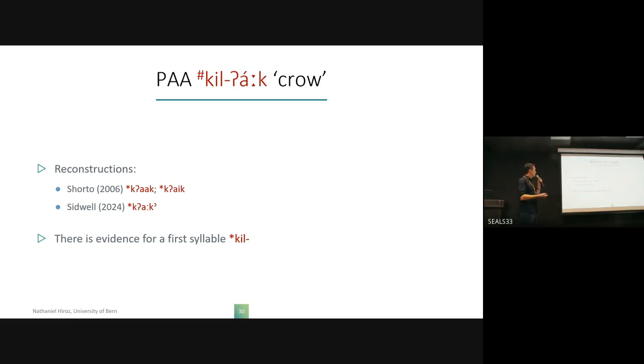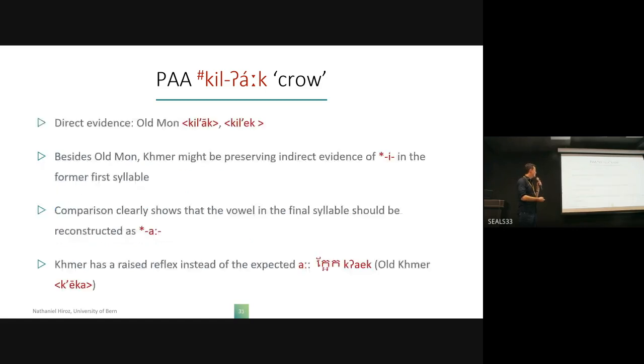So it's reconstructed as *ʔaːk or something like this, but I think there's evidence for a syllable *kəl. First, we have Old Mon with kəla or kela, and besides Old Mon, Khmer might be preserving evidence of *e in the form of the first syllable, because we can reconstruct a long *aː. We find long a in almost all the Austroasiatic languages, but Khmer has a raised vowel.